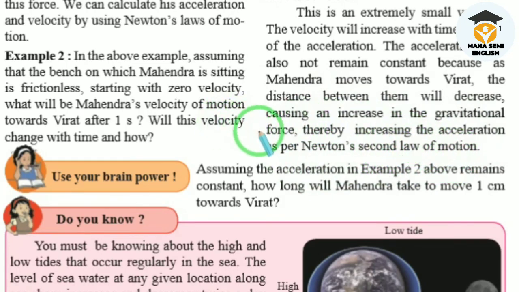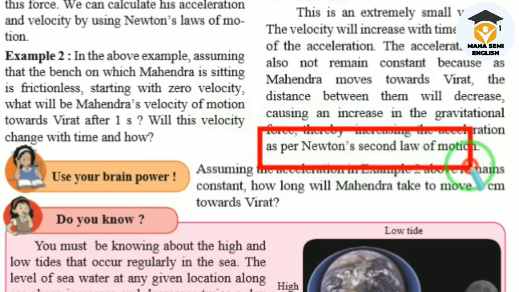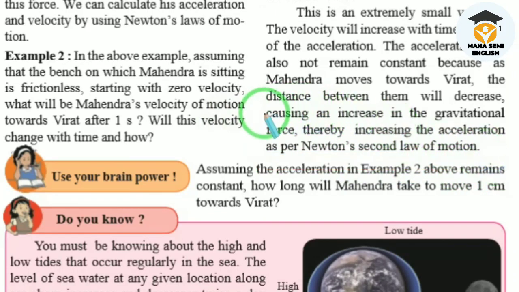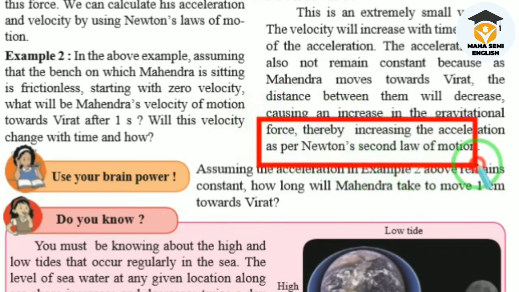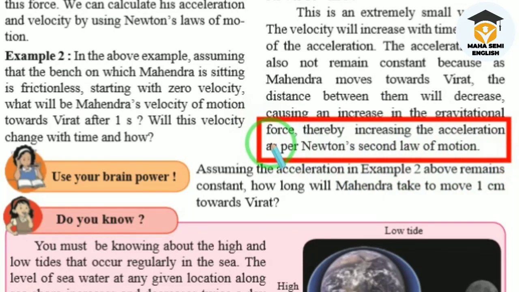So there will be an increase in the gravitational force.